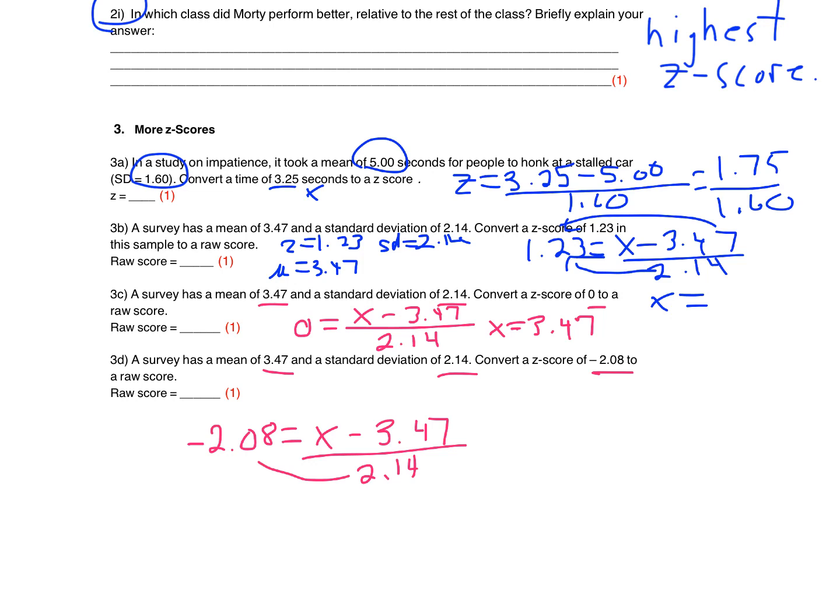So we're going to multiply 2.14 up here by the negative 2.08. That's going to give us negative 4 point something. And then we're going to bring over the 3.47 and add it to that answer. And so our X value is probably going to be a negative value here, but that's okay.